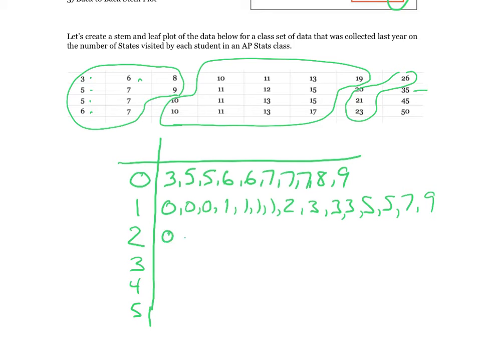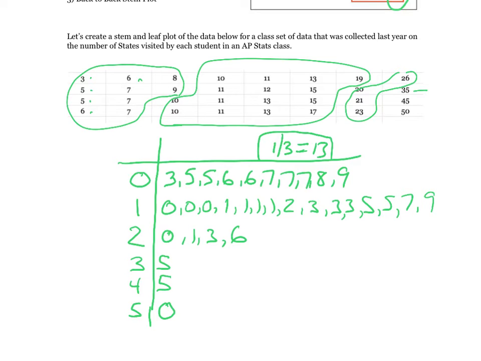So we have a 20, a 21, a 23, and a 26. For the 30s, I only have a 35. For the 40s, I only have a 45. And for the 50s, I only have 50. Okay. Then I would also do a key at the top here. So I might do something like 1 line 3 equals 13. That way someone can read the stem and leaf plot.